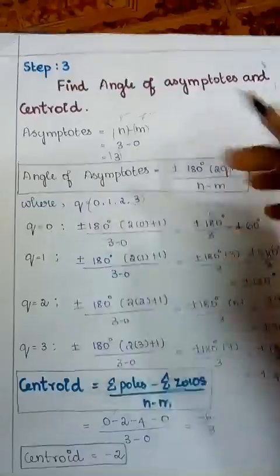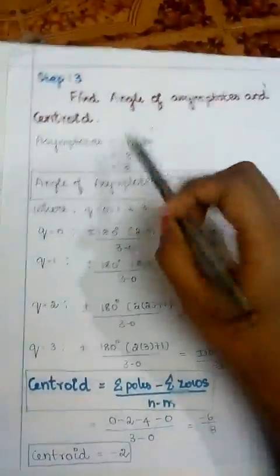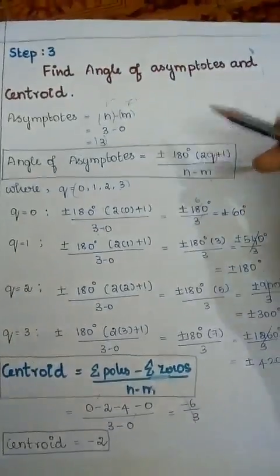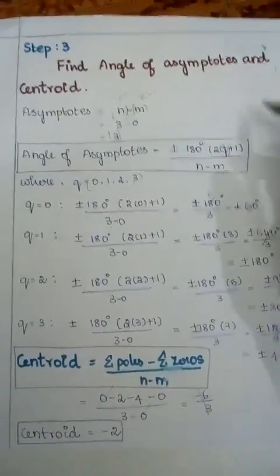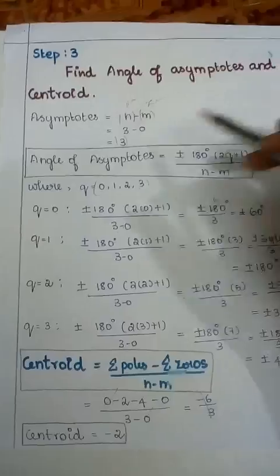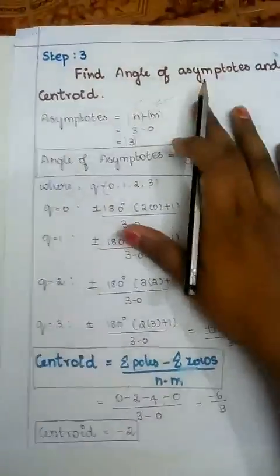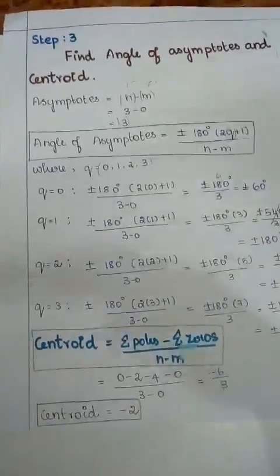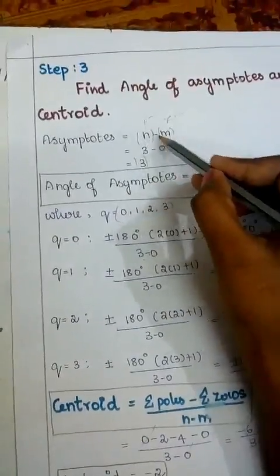Third step, find the angle of asymptotes and centroid. The angle of asymptotes formula, we already know: plus or minus 180 degrees into (2q plus 1) by (n minus m). The q values are 0 to n minus m.